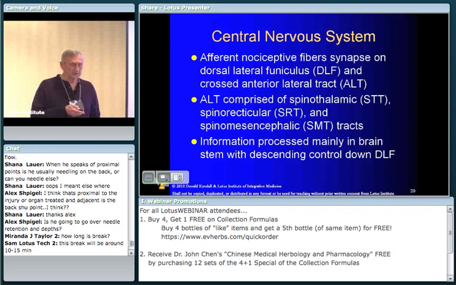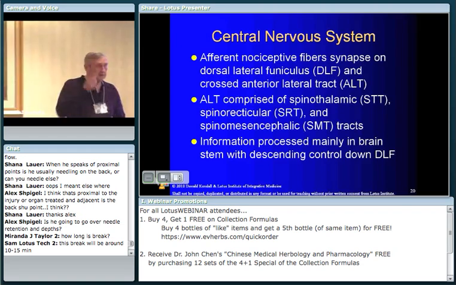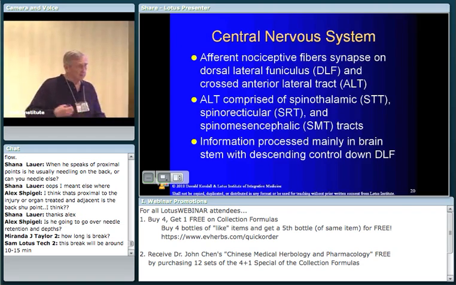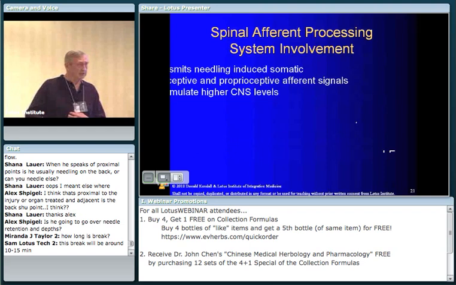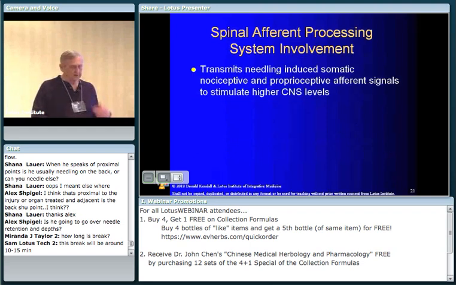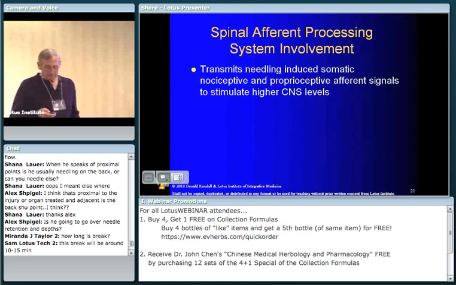Oh, yes, these are the afferent nociceptive fibers that synapse on the dorsal horn when they go to the spinal cord and also go up the anterior lateral tract. So you get signals going up the dorsolateral funiculus on the same side that you're needling, and you get the other signals going up the anterior lateral on the opposite side. But when it gets up to the brain, it switches over. But that's how that thing works.